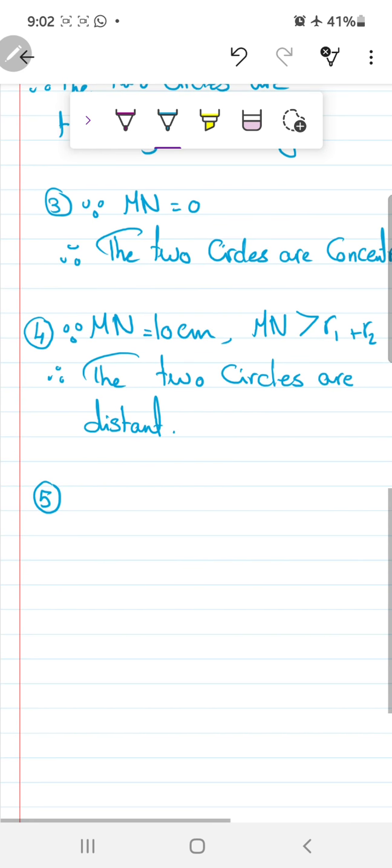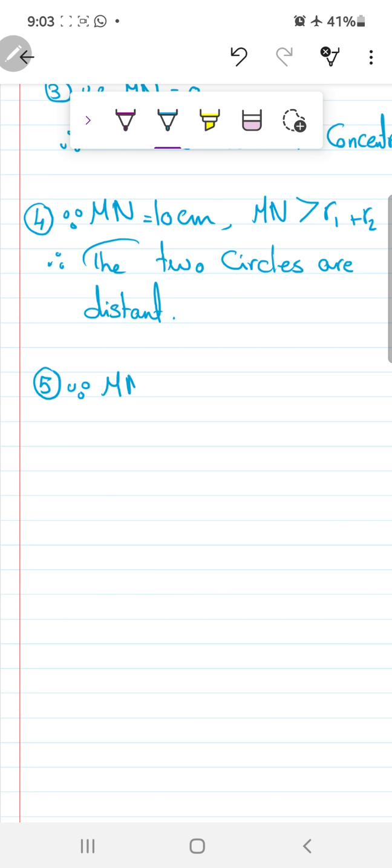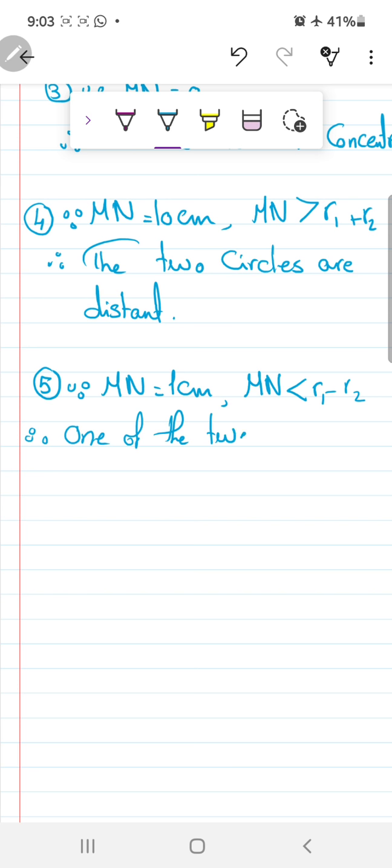So since MN equals 1 centimeter, MN is smaller than R1 minus R2. So one of the two circles is inside the other.